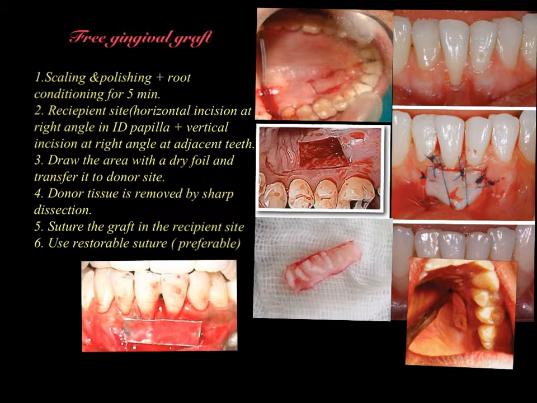This is important as the graft doesn't have its own blood supply, and it will initially rely on being nourished by the transudate from the collateral blood supply, while angiogenesis takes place from the host tissue into the grafted tissue.